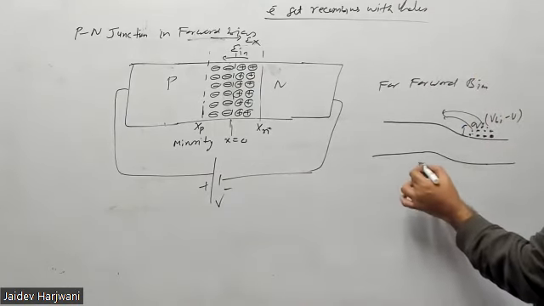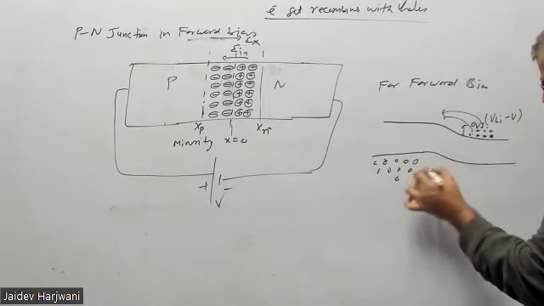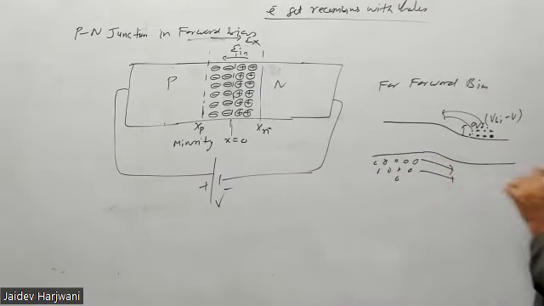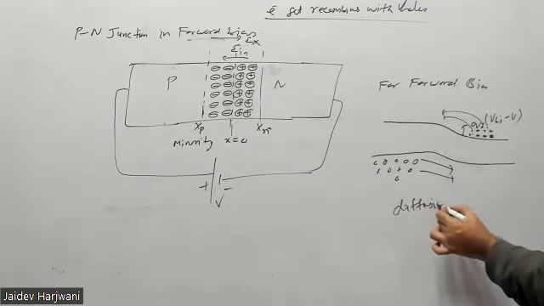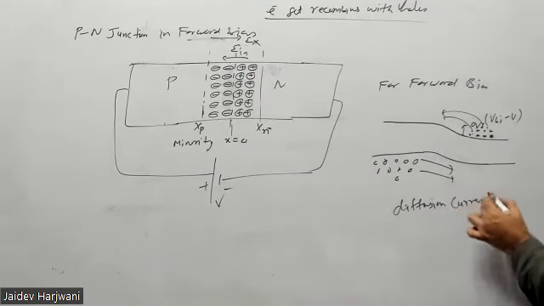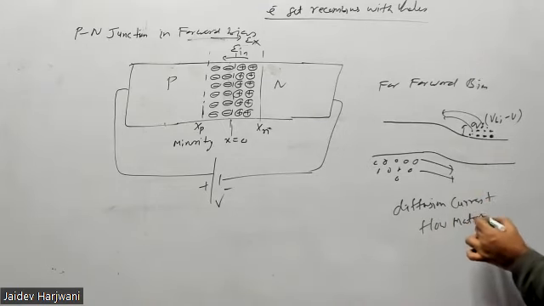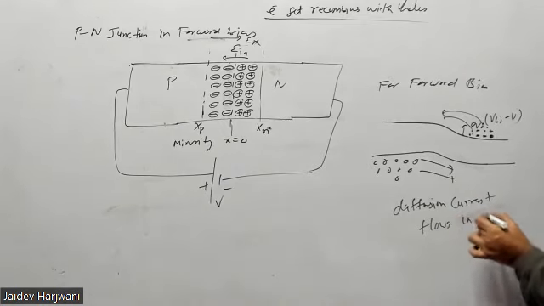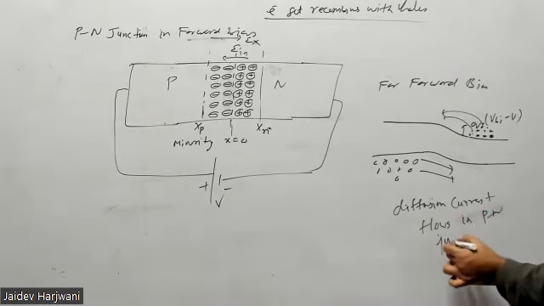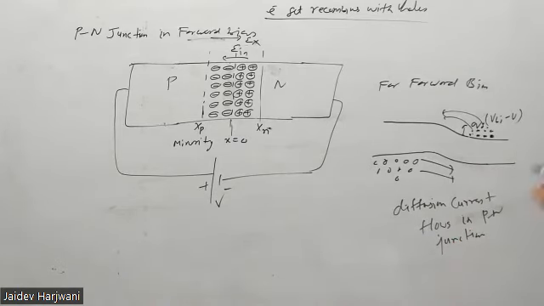And here you have holes, and holes can also go down. So diffusion takes place, so diffusion current will flow. Diffusion current flows in the PN junction in forward bias. So the forward current is that diffusion current.